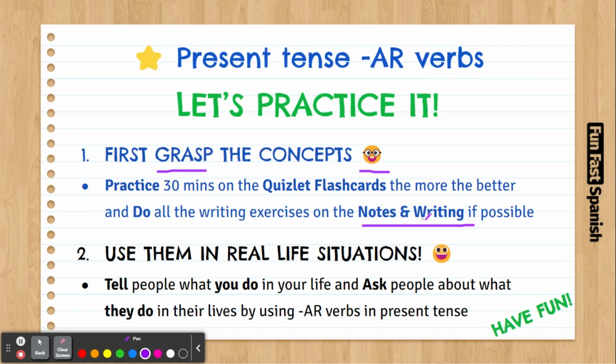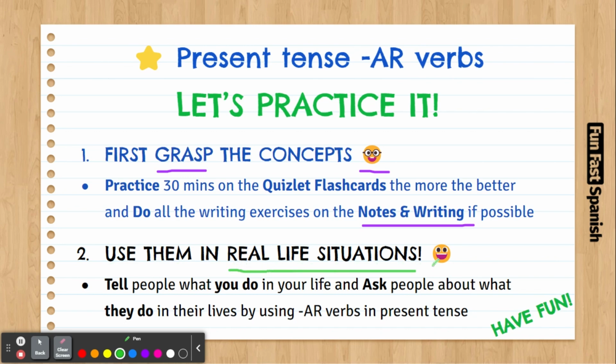If you go to the topic, there is a part where it says notes and writing. Just click on it, and you're going to find some exercises. After you do this, maybe 20, 30 minutes, then you go to the fun one, which is to use them in real life situations.